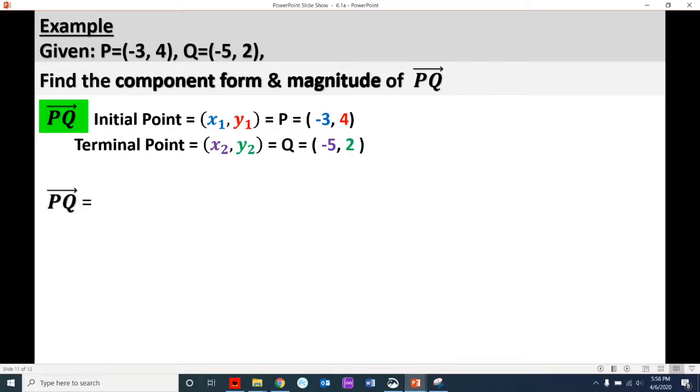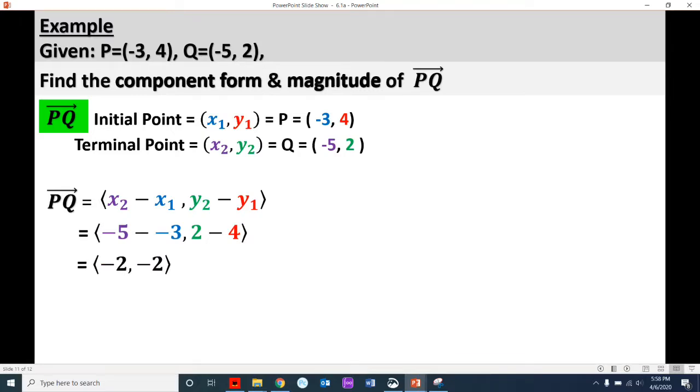Using our formula, substituting the values, simplifying, vector pq in component form is -2, -2.